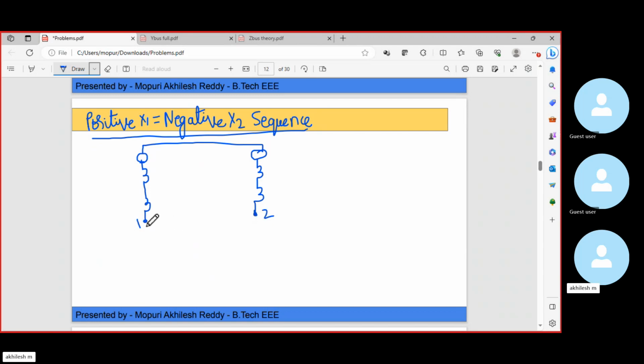Between bus bar 1 and bus bar 2 we have a reactance, and here we have the third bus bar. There is a reactance between 1 and 3, and similarly one between 2 and 3. Here we had a fault, and the topmost is grounded.